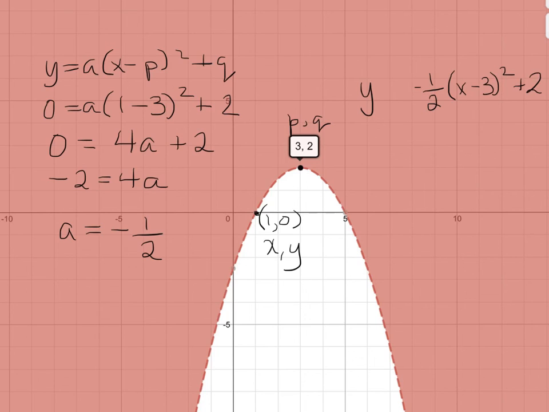It's greater than? Yeah. How did you figure that out? Because it's higher than the parabola, making it greater than. You can test it on your calculator. It's not greater than or equal to because it's a dotted line. So there's the equation.